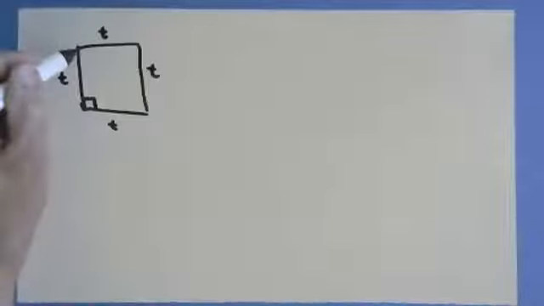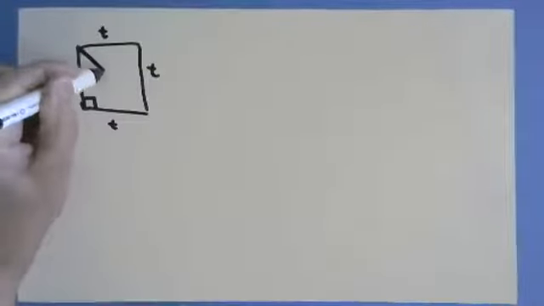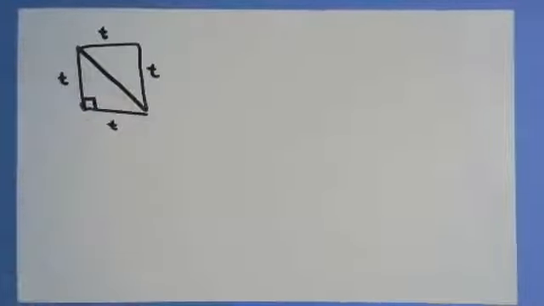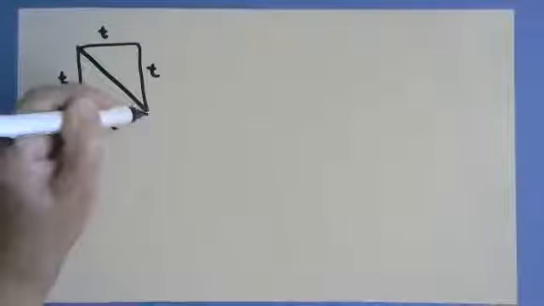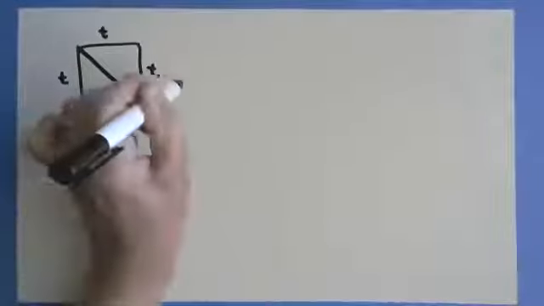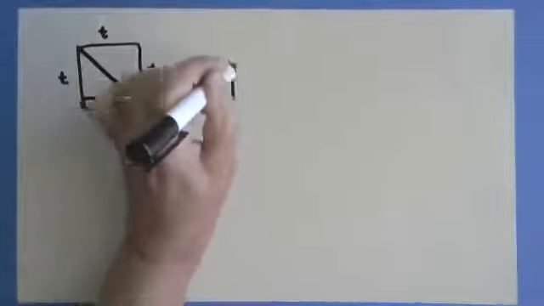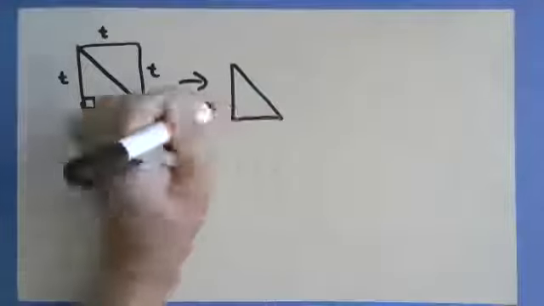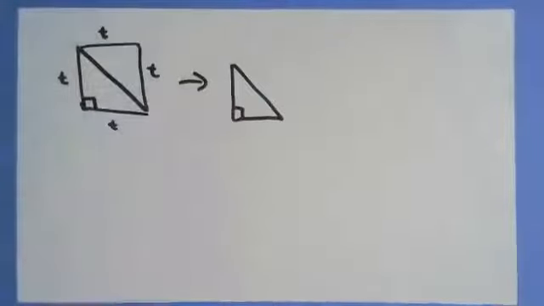What we do next is we draw a diagonal across this square. And what we get when we draw that diagonal is we see there's a right triangle here in the square. So from it, we extract a right triangle. And you're going to hear me say that a lot in this class.